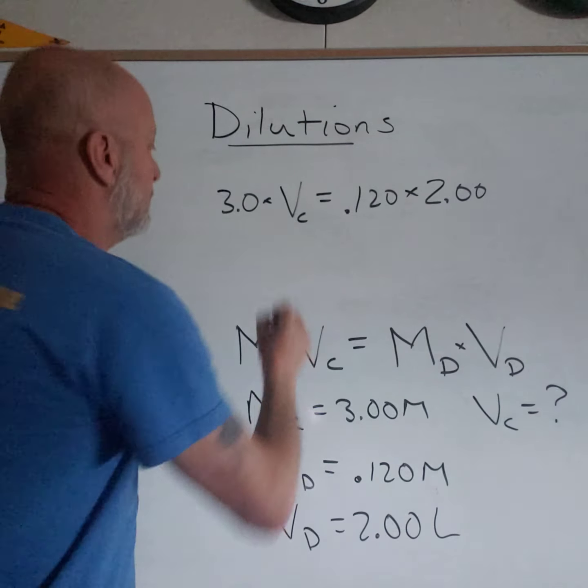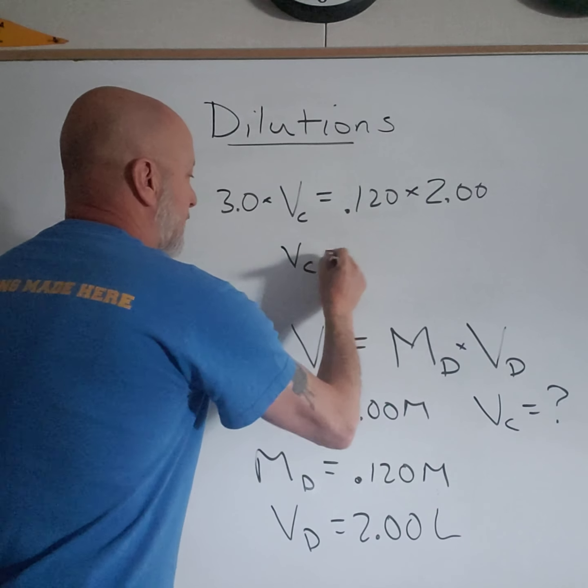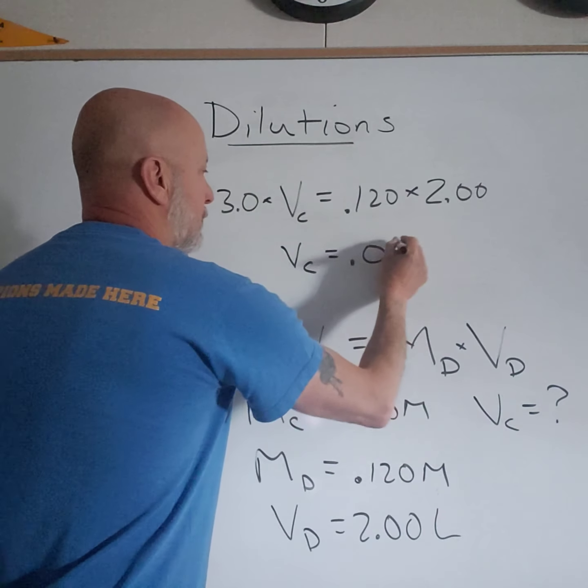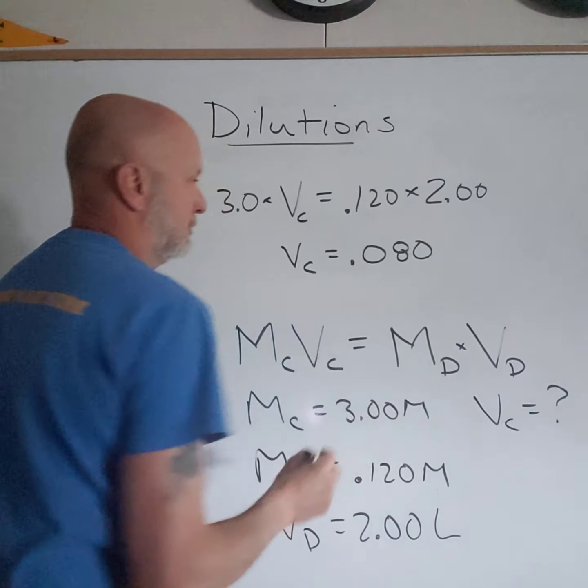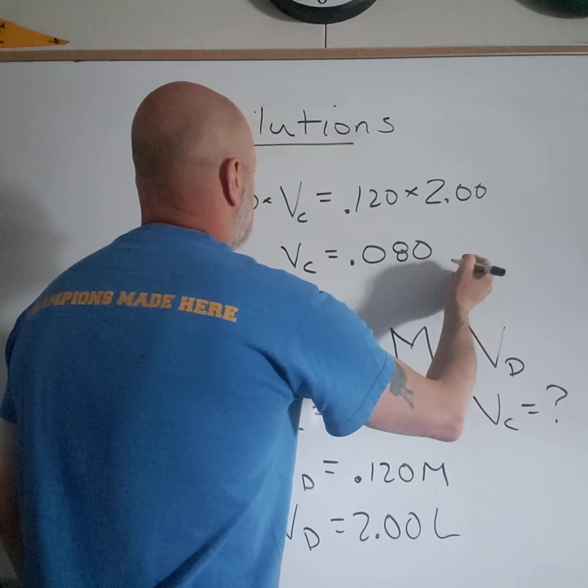I multiply those together and solve for the volume of the concentrate. How much do I need? 0.080 liters.